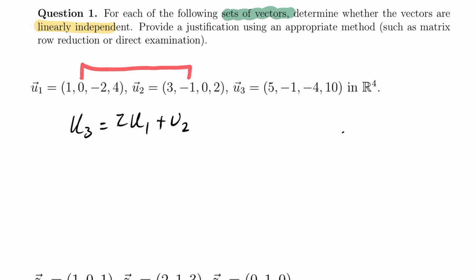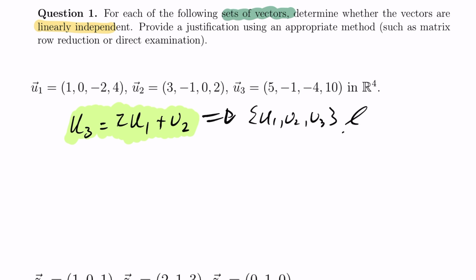Add that to -1, you get -1. If I double -2, I get -4, plus 0 is -4. And last, if I double 4, I get 8, plus 2 is 10. So right away, we can see that vector u3 is equal to twice vector u1 plus vector u2. That shows that the set u1, u2, and u3 is linearly dependent.